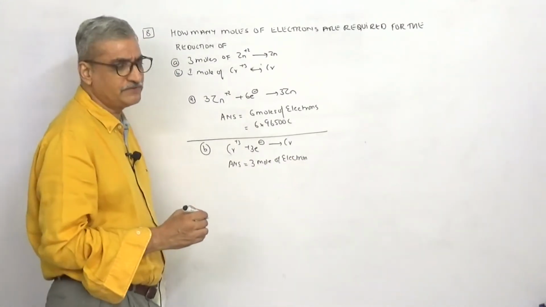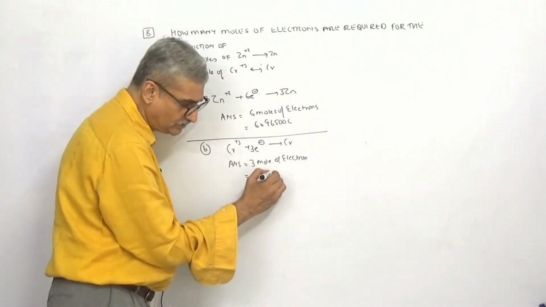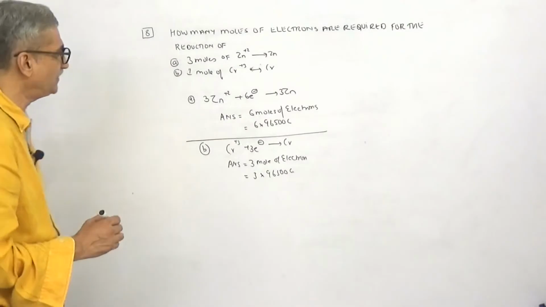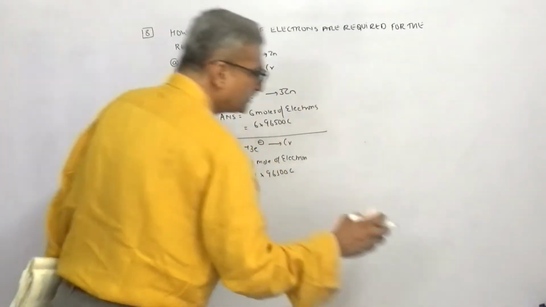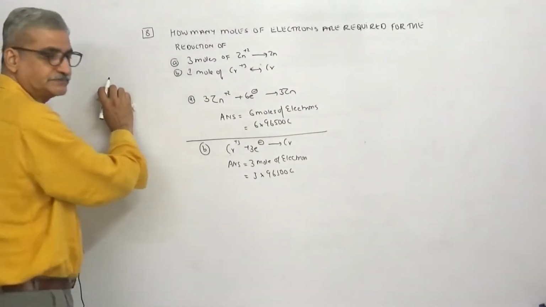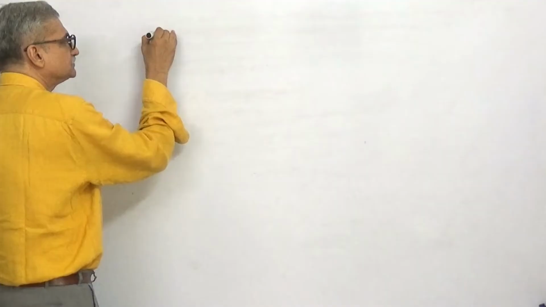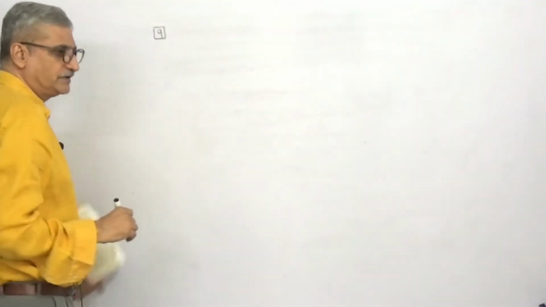If they ask 3 moles of electron in terms of charge coulomb, that is 3 into 96,500 coulomb. So this takes care of the 8th sum. Then we talk about the 9th sum.